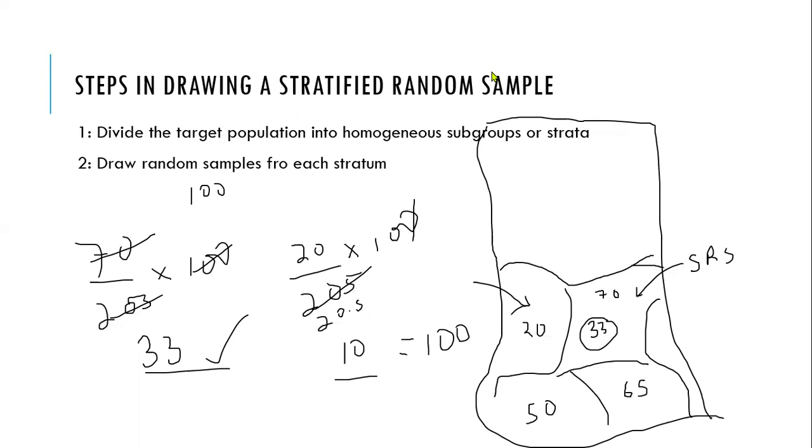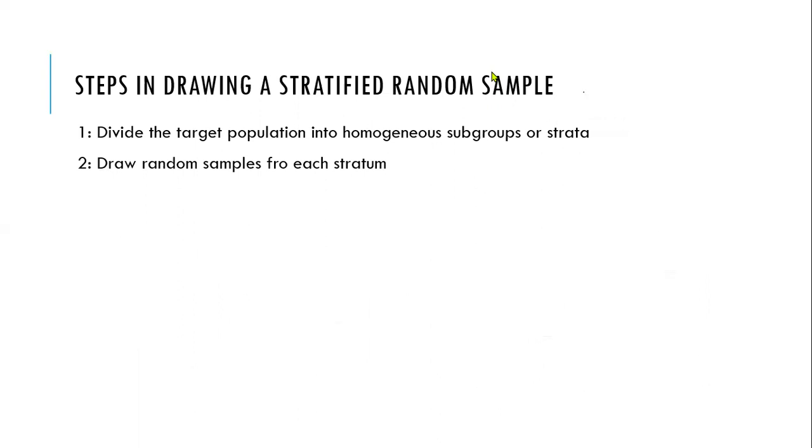And anytime you use a combination, let's say two-phase, we call it a multi-phase sampling technique. If you combine more than one sampling technique, we refer to that as multi-stage sampling technique.